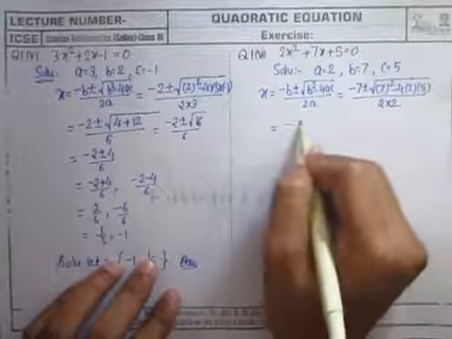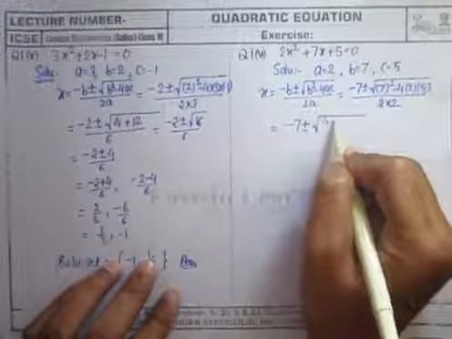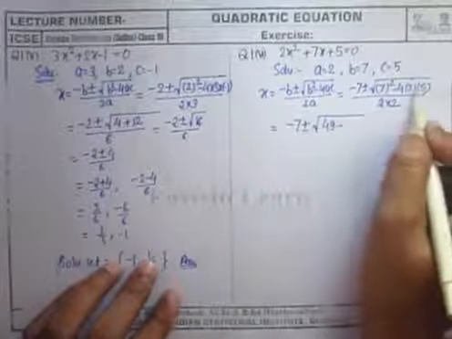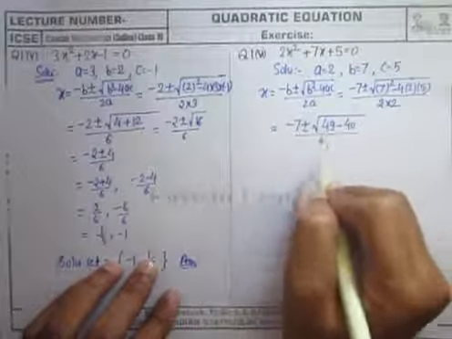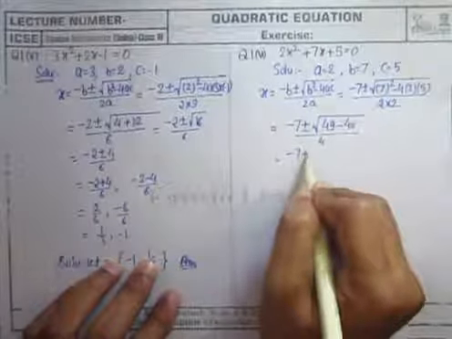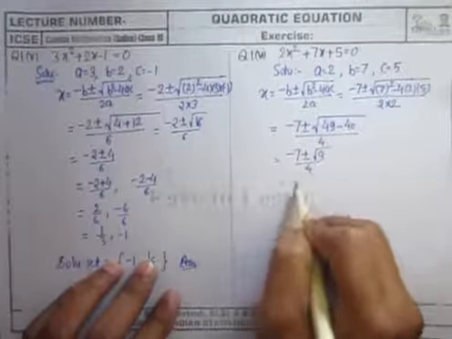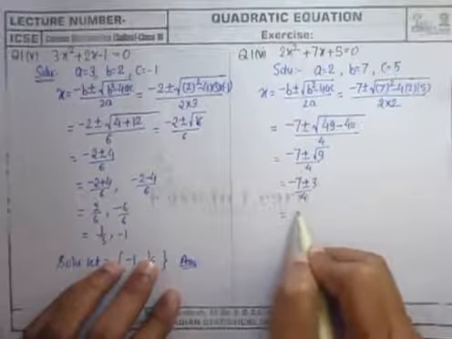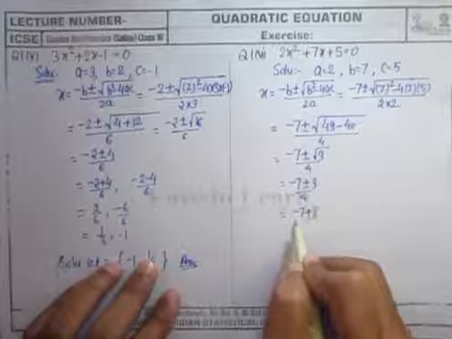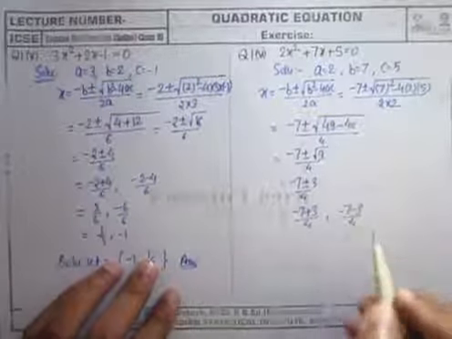Now minus 7 plus minus root under 49 minus 4 times 2 times 5, that is 40, by 4. So minus 7 plus minus root under 9 by 4. So minus 7 plus minus 3 by 4. So two answers are there, minus 7 plus 3 by 4 and minus 7 minus 3 by 4.